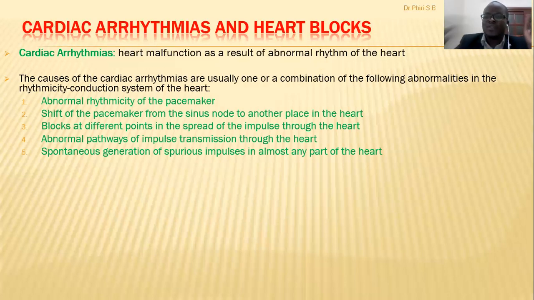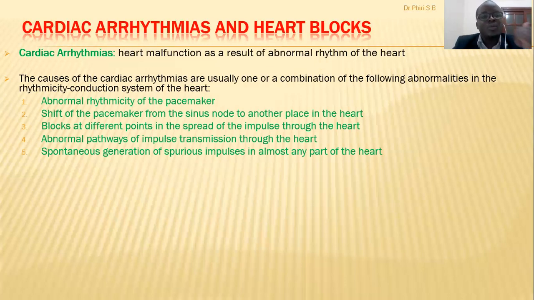If it's coming from elsewhere, that can result in cardiac arrhythmias. Then blocks at different points in the spread of the impulse through the heart can also result in cardiac arrhythmias. You're talking of heart blocks. If you have heart blocks, the conductivity of action potentials is being interrupted, and because of that, it can result in cardiac arrhythmias.